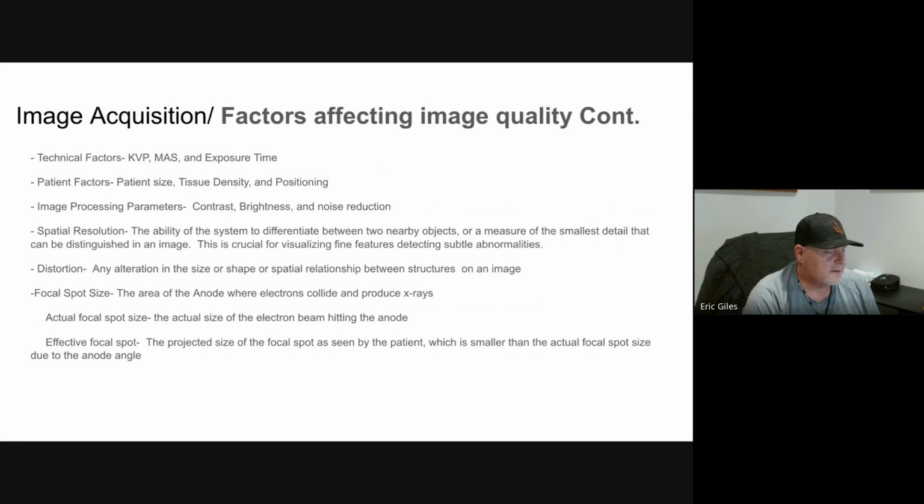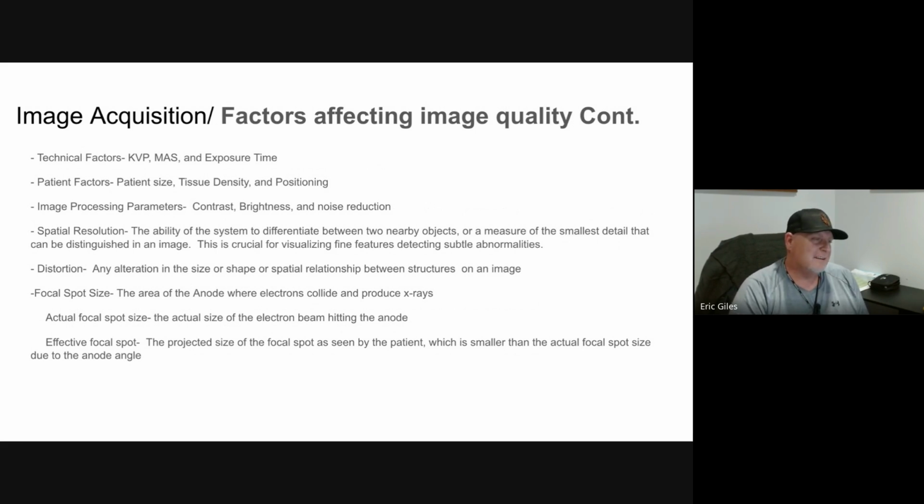Spatial resolution, you're going to hear this a lot. It's the ability of the system to differentiate between two nearby objects, or a measure of the smallest detail that can be distinguished on an image. Okay, this is crucial for visualizing, detecting subtle abnormalities.